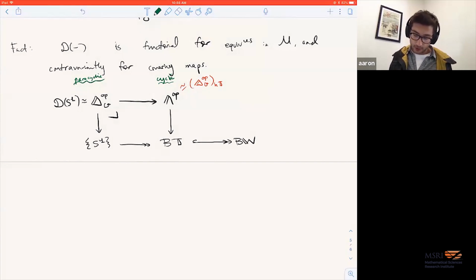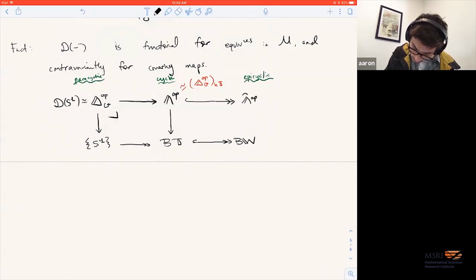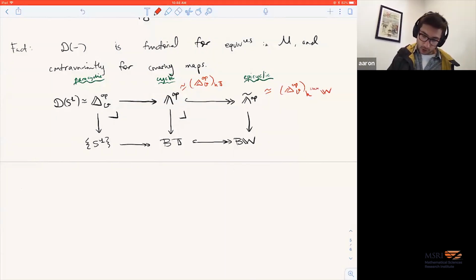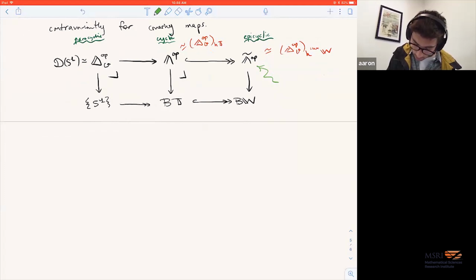But even better than that, because this is contravariantly functorial for covering maps, W acts on the paracyclic category, and the same construction essentially gives us the epicyclic indexing category. So that looks like this. And by definition, this is the paracyclic category where you take the homotopy quotient, actually a lax quotient by the W action.